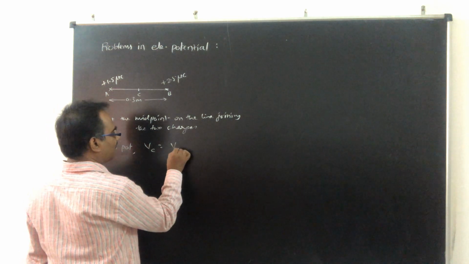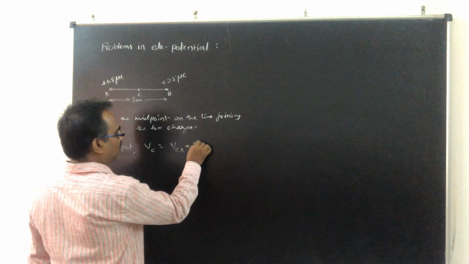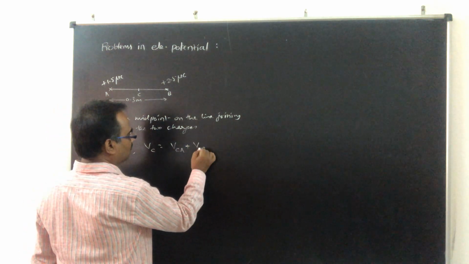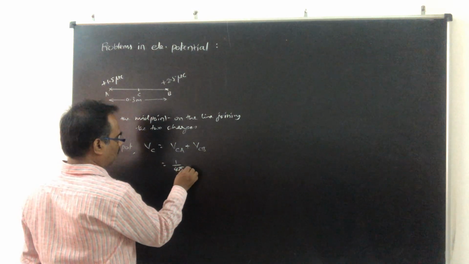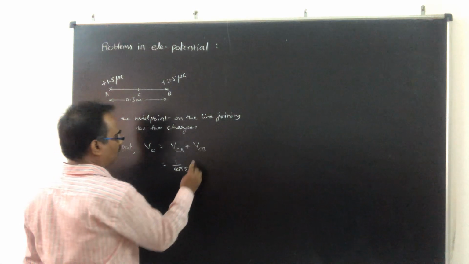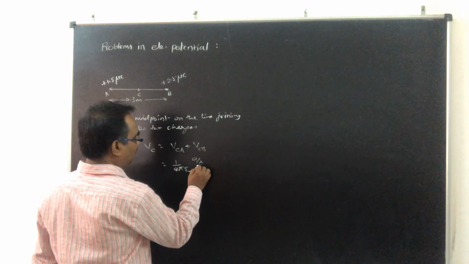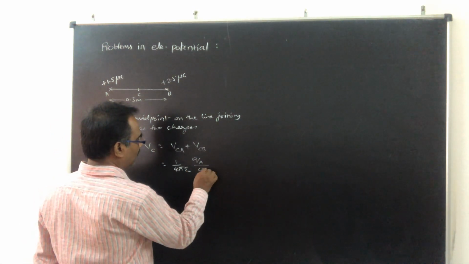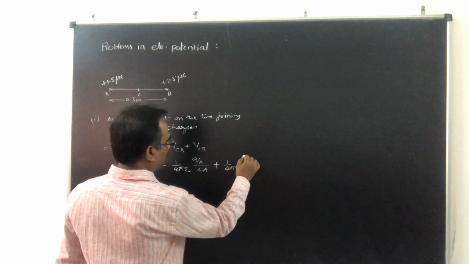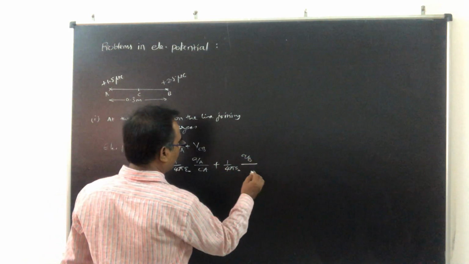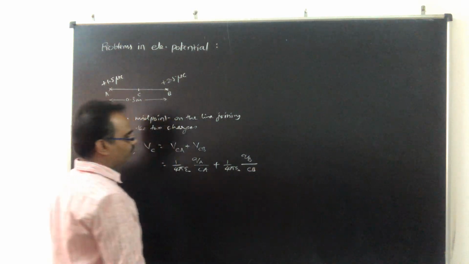That means potential at C due to the charge at A plus potential at C due to the charge at B. So, this is 1 by 4 pi epsilon naught, charge at A, QA divided by this distance CA, plus 1 by 4 pi epsilon naught, QB divided by CB.